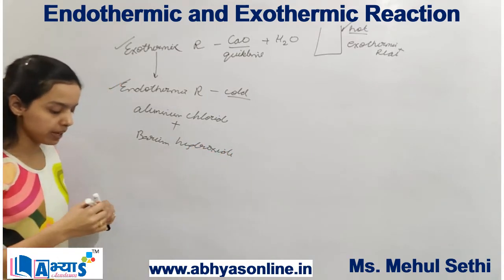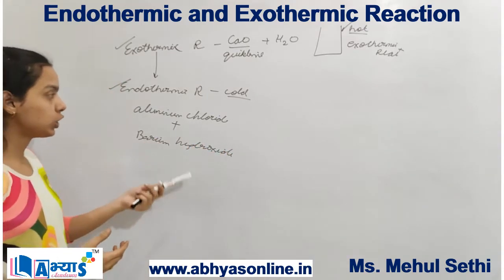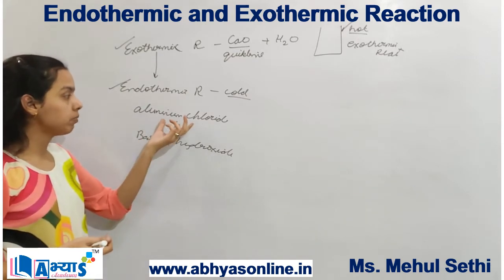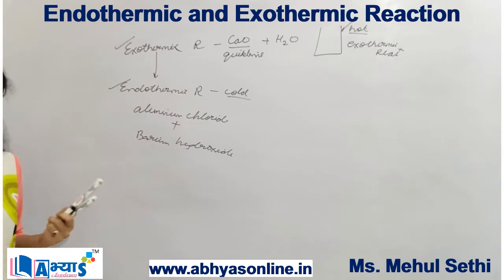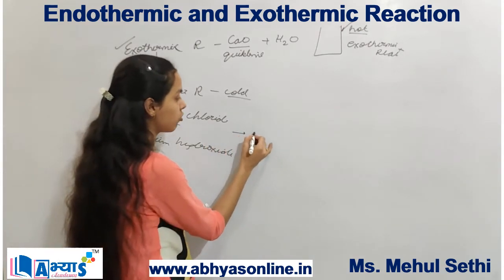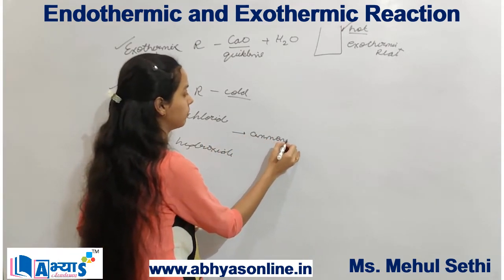Now when you mix these two substances, aluminium chloride and barium hydroxide, which are the reactants, there will be formation of ammonia.